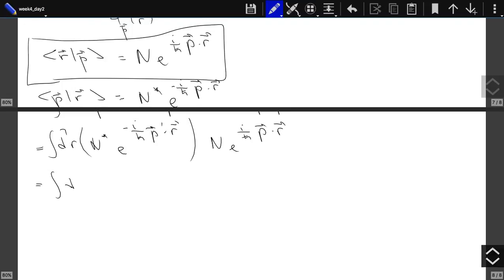This is equal to the integral d cubed r, N squared, e to the power i over h bar, p minus p' times r. This is equal to N squared. So do you know this integral?